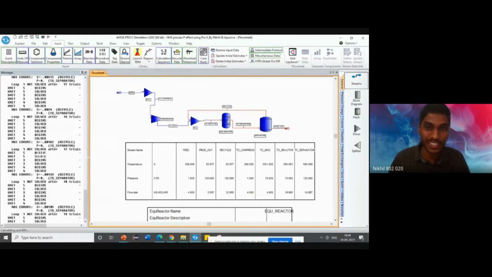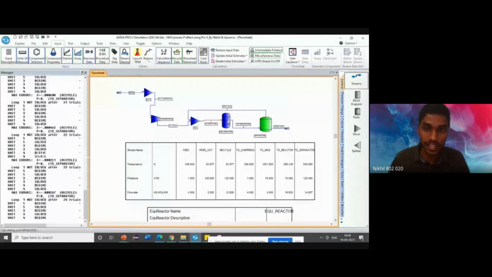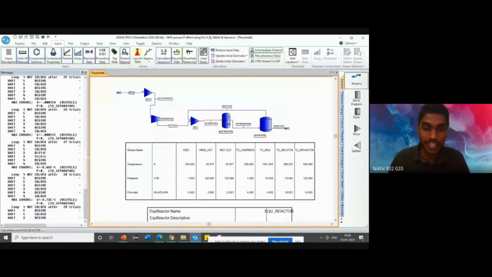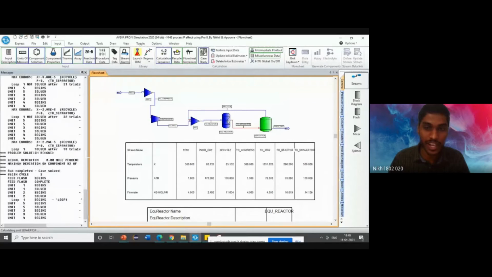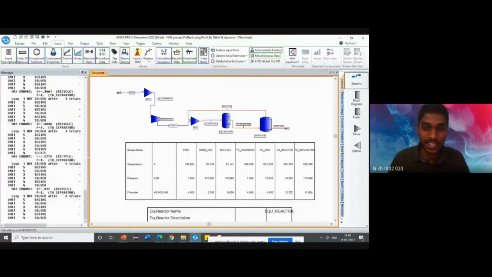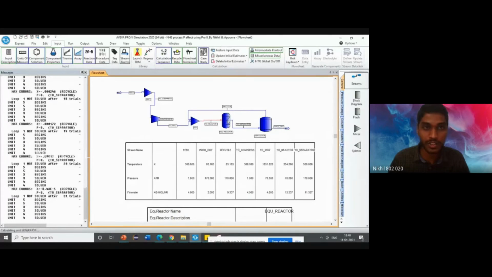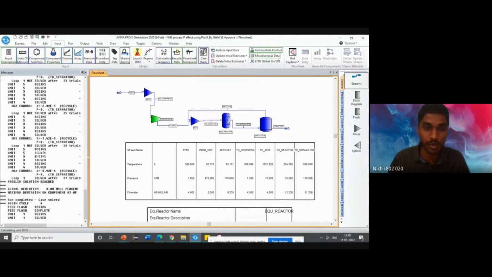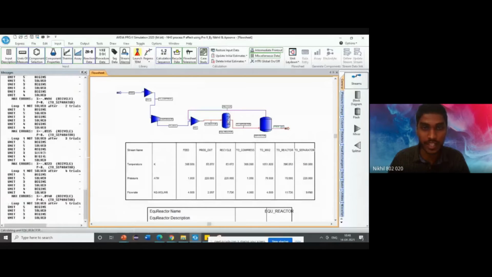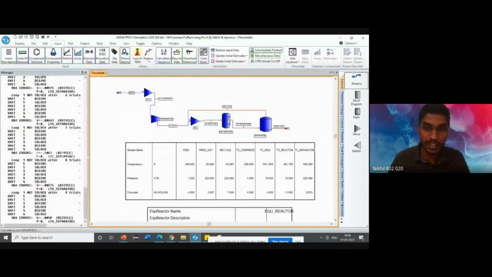We use the case study feature given in ProMax, and we vary the pressure of the reactor, and then we obtain the results as reactor conversion. We can use the output feature, where we'll have a plots feature, and then we will plot it.